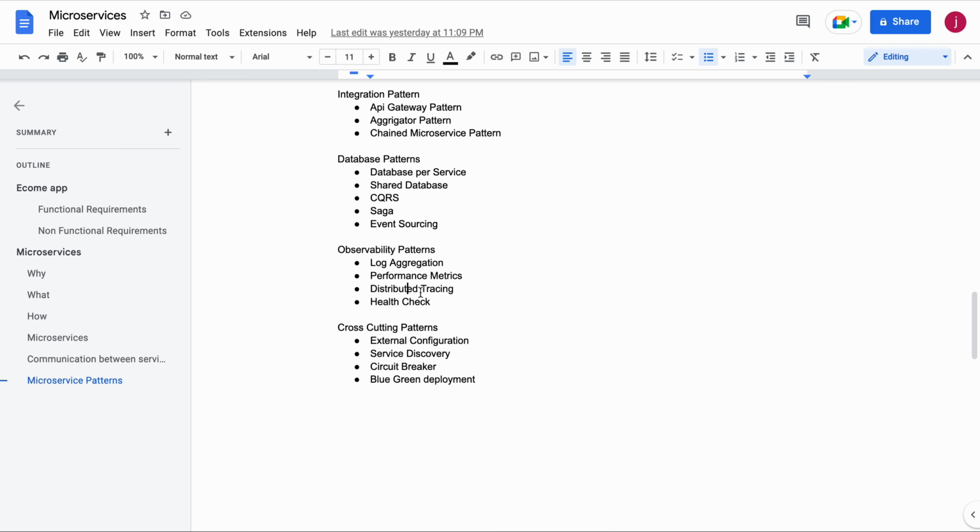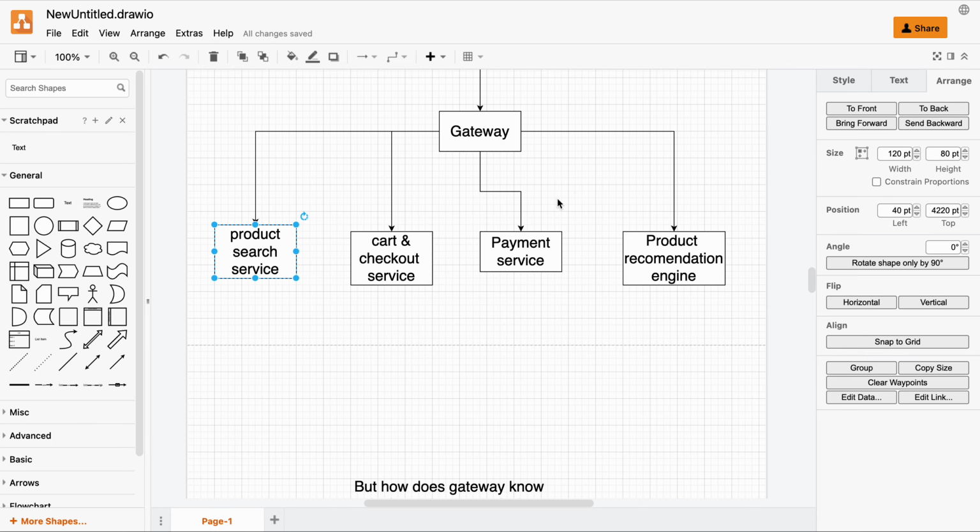And distributed tracing basically deals with this: let's say, as I mentioned initially, the product search happened and checkout happened, but the product didn't reach the user. So we need to find out what happened.